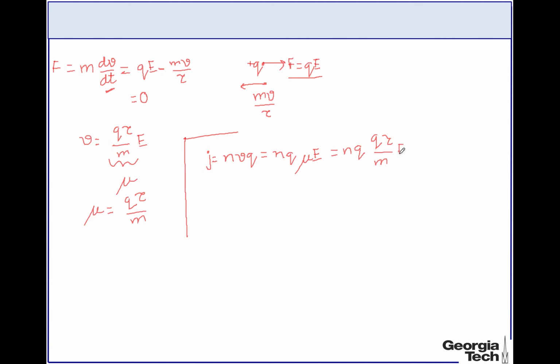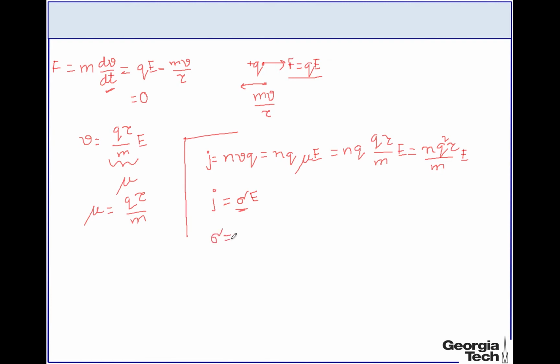So then what we get is J equals N q squared tau divided by m multiplied with E. But previously we have seen J equals sigma E, where sigma is the conductivity.